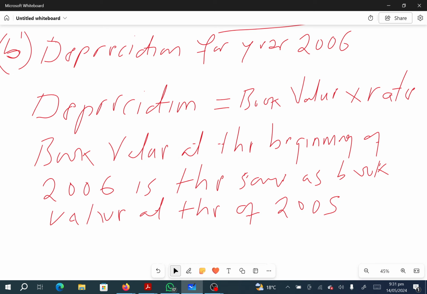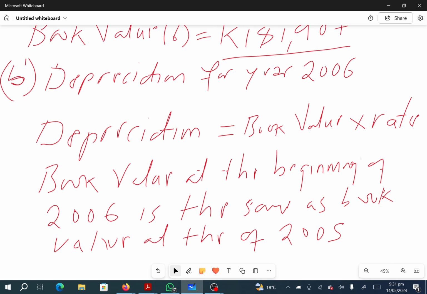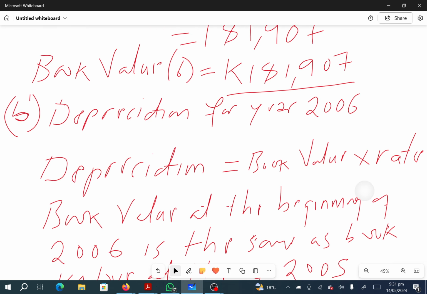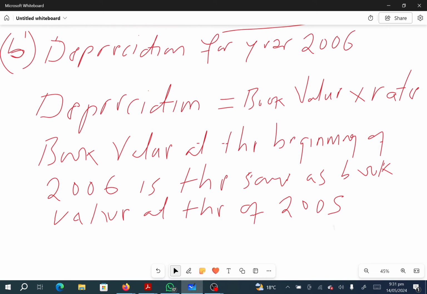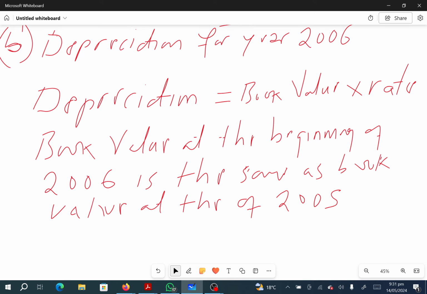So have you gotten the point? We are told we are calculating the depreciation for year 2006. So the point I've written here is that the book value at the end of year 2005 is the same book value at the beginning of the year 2006. Is that clear for me?